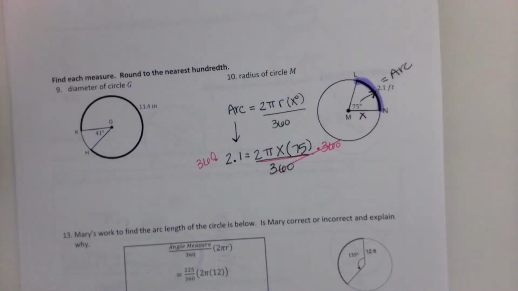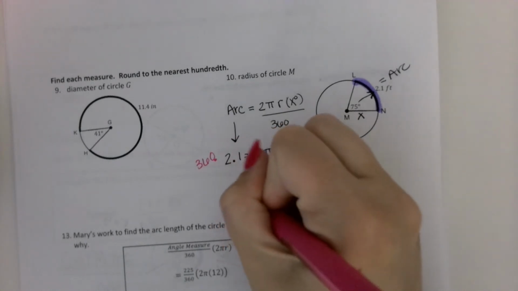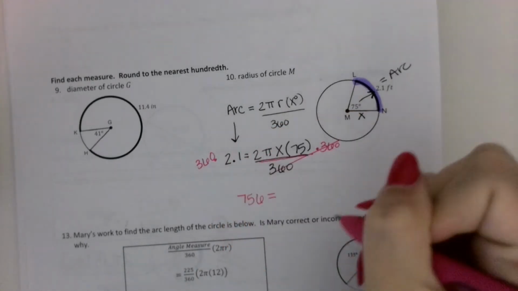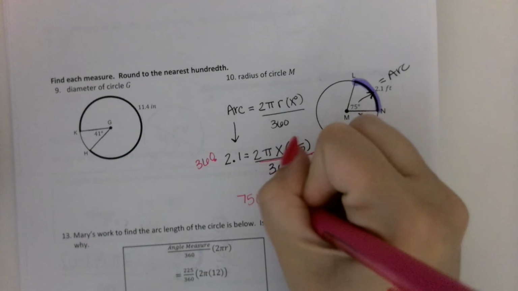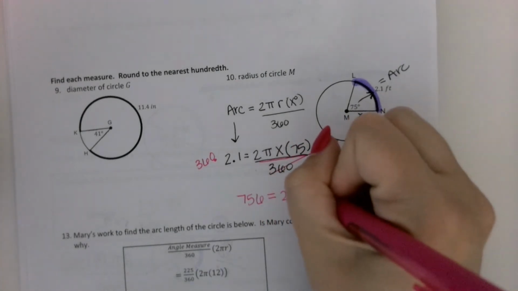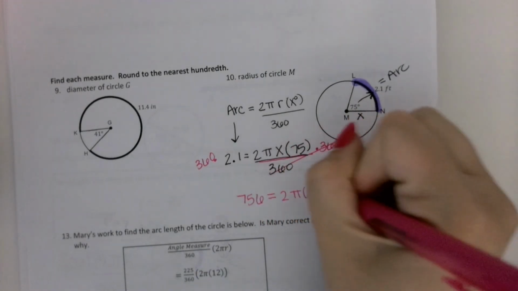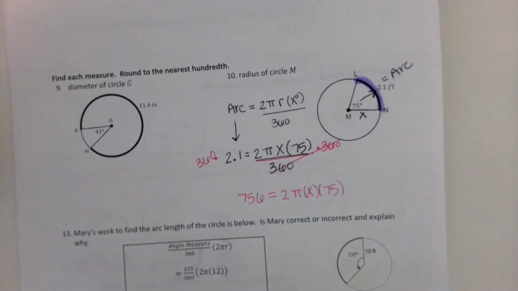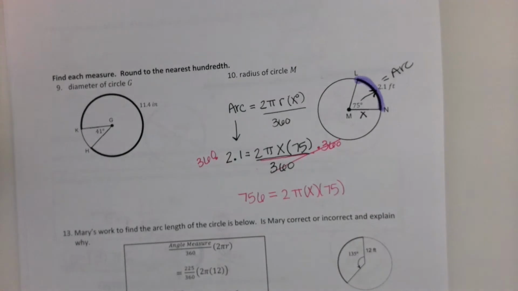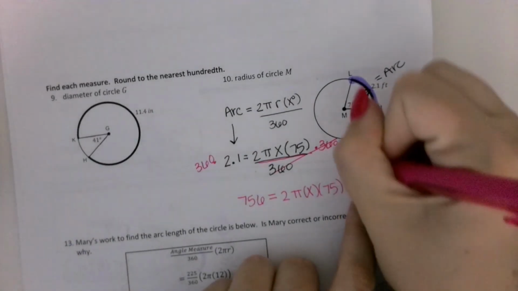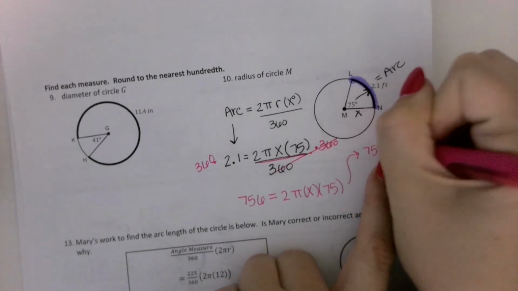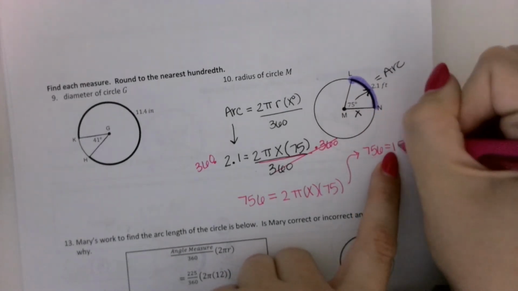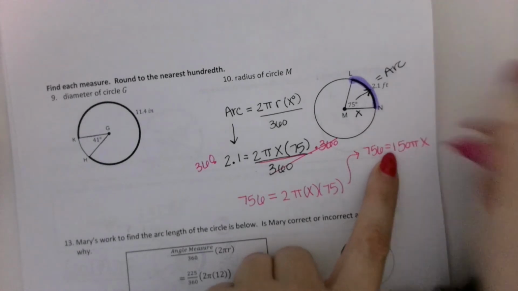So we get 2.1 times 360, and that gives us 756 equals 2 pi times x times 75. Okay, well, 2 times 75 is 150. So we get 756 equals 150 pi x.